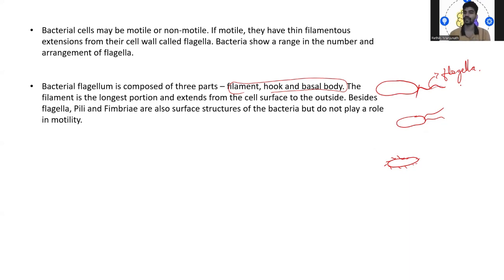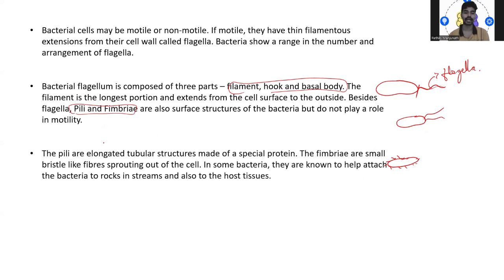Besides the flagella, we also have pili and fimbriae. What is their major function? They are also surface structures of the bacteria, but they don't play a role in motility. They help in the exchange of genetic material from one bacterium to another.